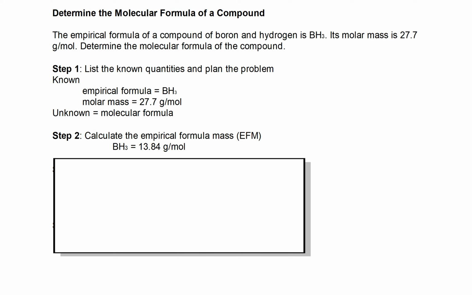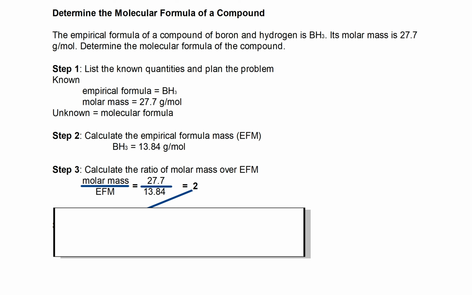And then we're going to calculate the ratio of molar mass over the EFM, or the empirical formula mass. So molar mass, which is 27.7, divided by the empirical formula mass, which is 13.84. And when we divide those, we get 2.